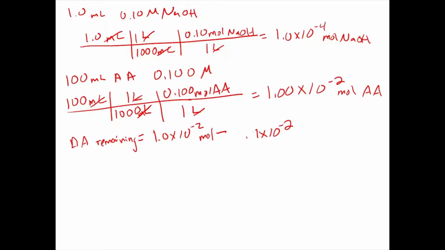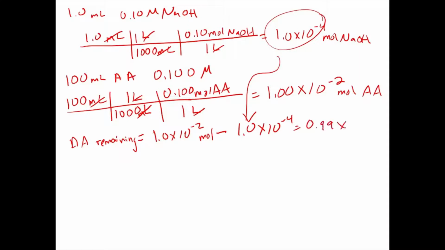This is the amount of the base that it's reacting with, because we're reacting all of the hydroxide away. And so this gives us 0.99 times 10 to the negative second moles remaining.